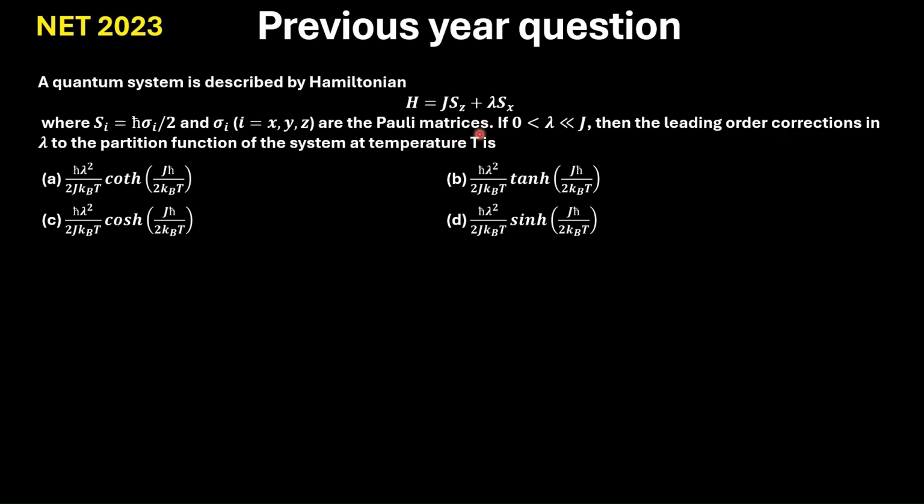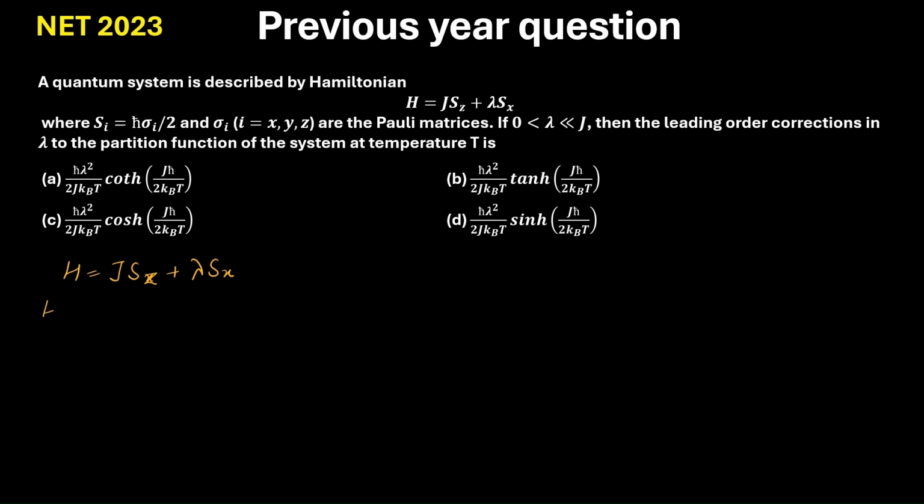Now here, this Hamiltonian consists of two terms. One is the original one, and one is the perturbation. The Hamiltonian is given by J Sz plus lambda Sx. Now, this lambda Sx is the perturbation.